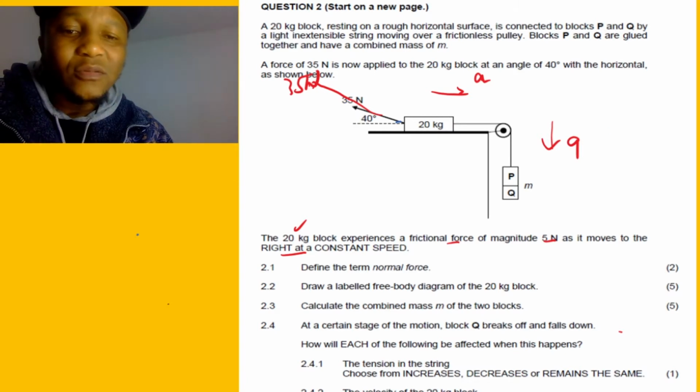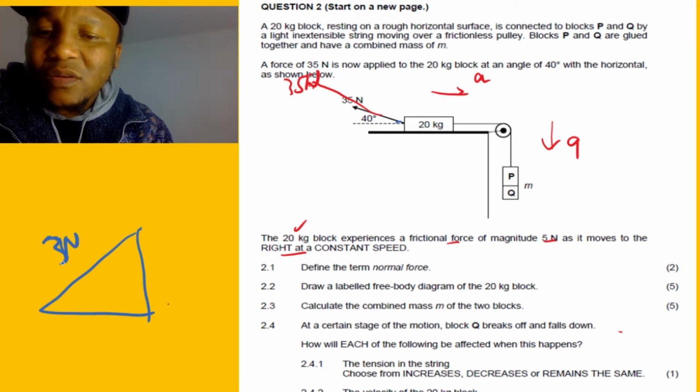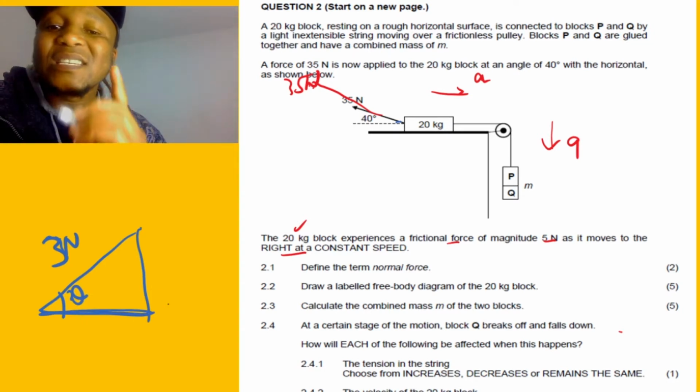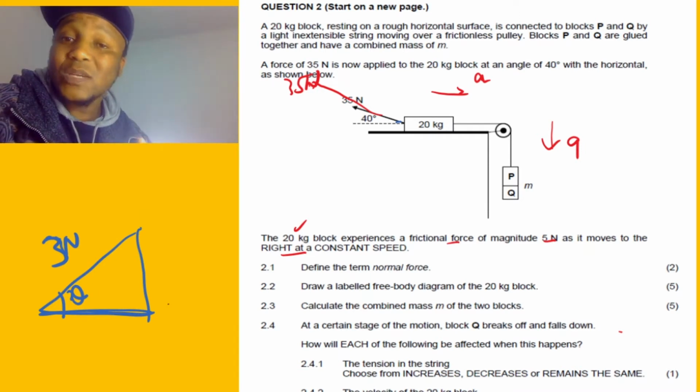Before we go any further, let me show you something very important. Whenever you have a triangle like this, let's say this side is 5 Newton, this one 3 Newton, and here let's say theta. They say find the adjacent. Adjacent is horizontal, so adjacent is always cos. Never forget.